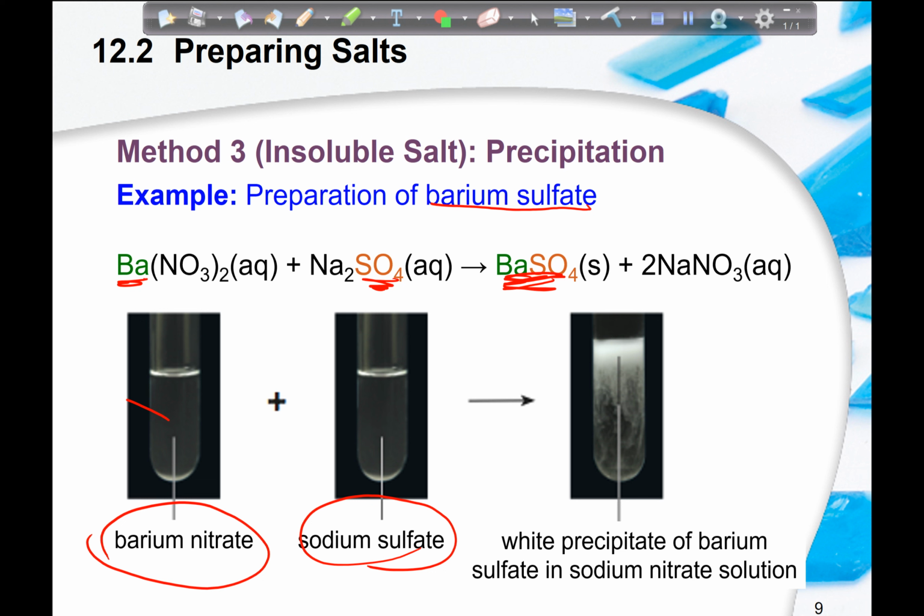So I will have my barium ions and nitrate ions moving at random, and over here I will have my sodium as well as my sulfate ions moving at random. The moment I mix them together, the ions will be able to interact with each other.